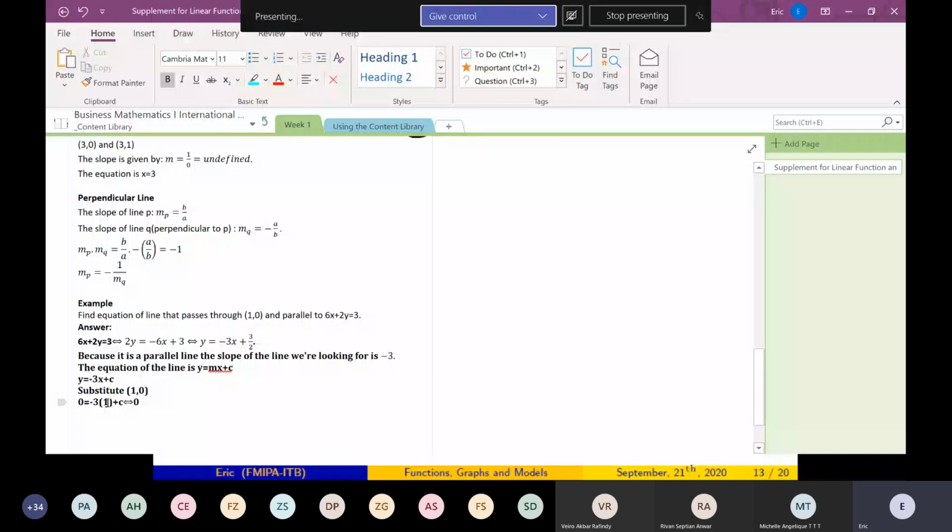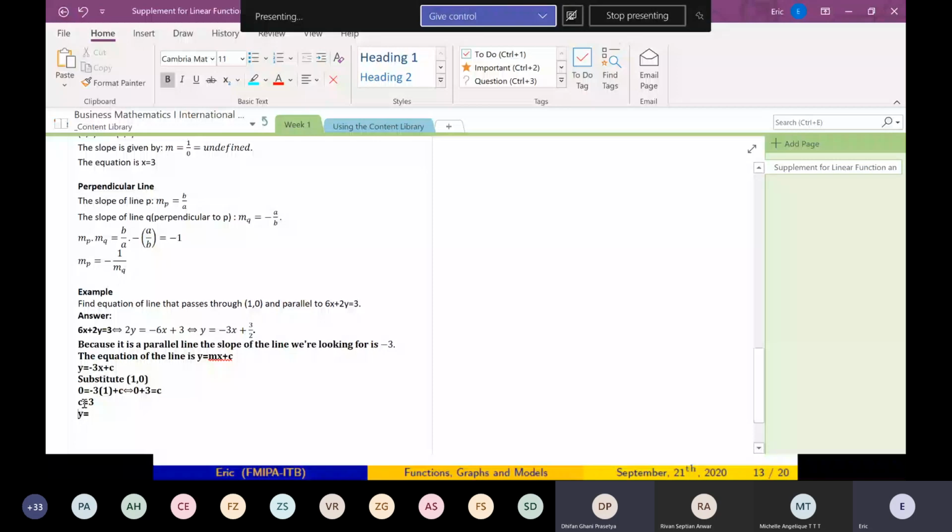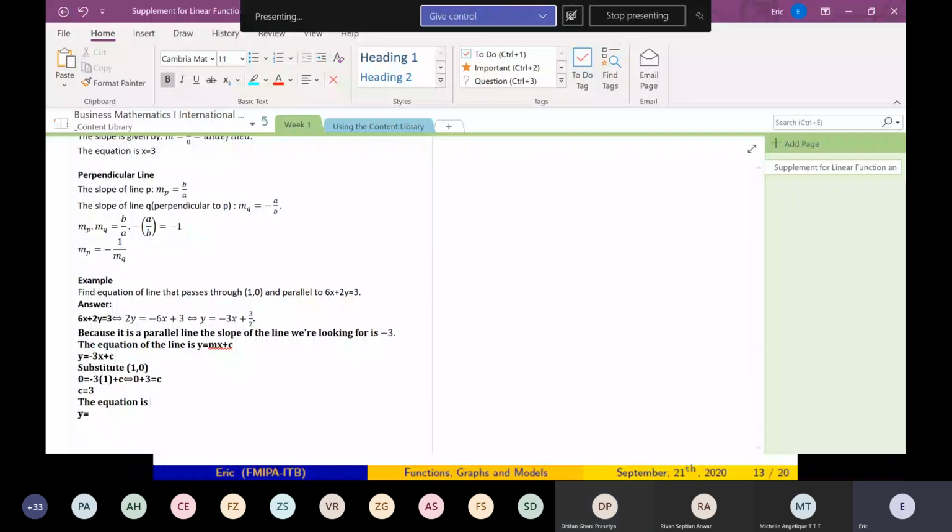You move it to the other side, so 3 equals C. So C equals 3, and the equation is y equals minus 3x plus 3.